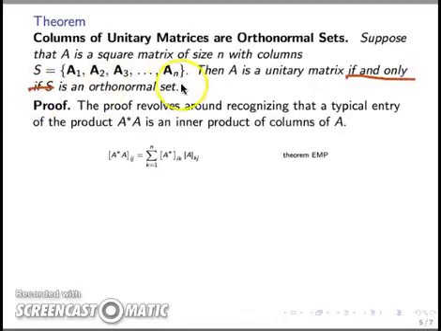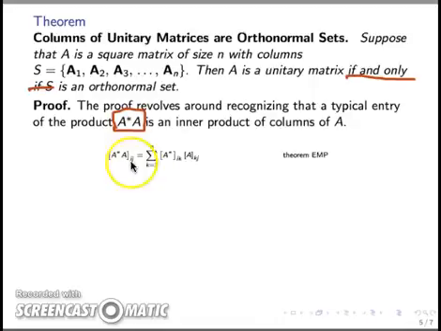So if the columns are orthogonal and each of the columns has norm equal to 1, then the matrix is unitary. If the matrix is unitary, then the set of all the columns is considered an orthonormal set. And part of the proof of this theorem is going to rely on taking a look at this matrix, the adjoint times itself.